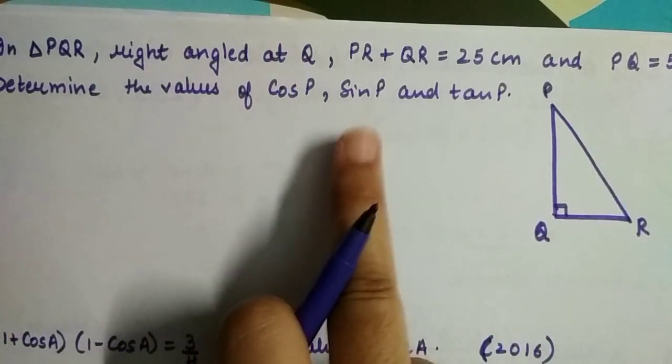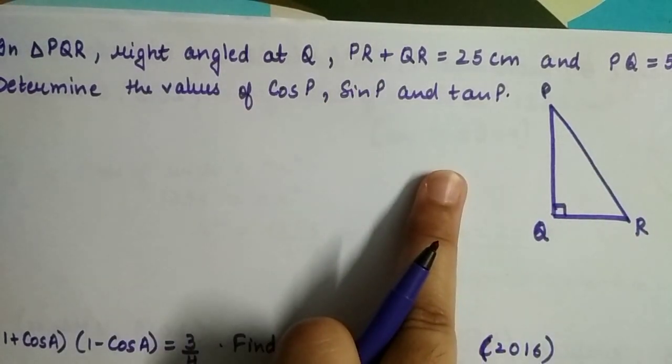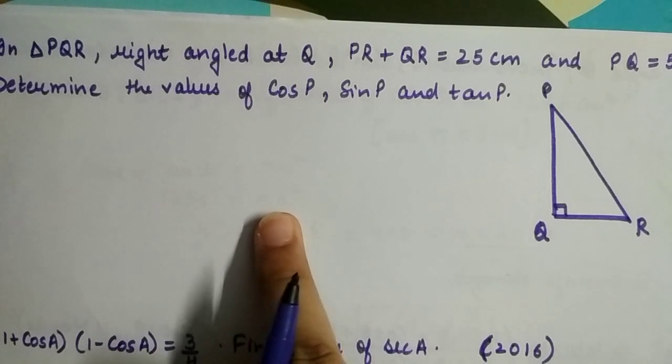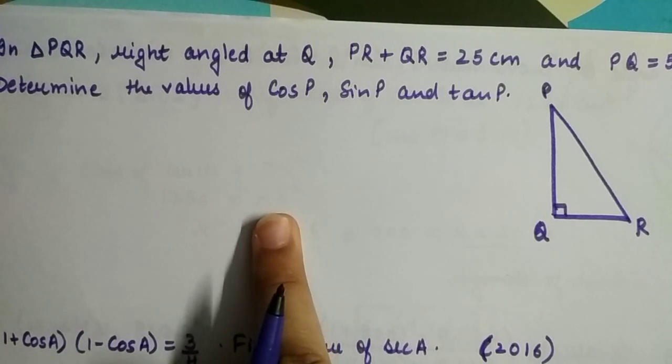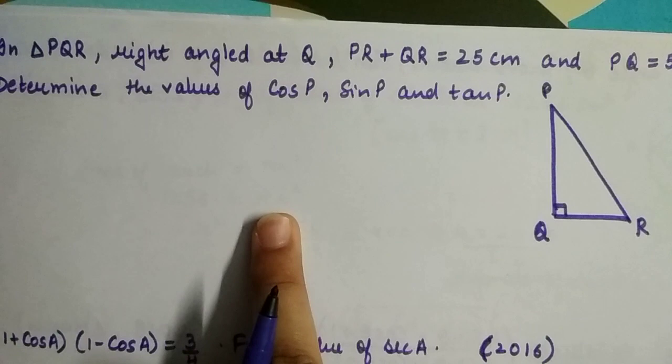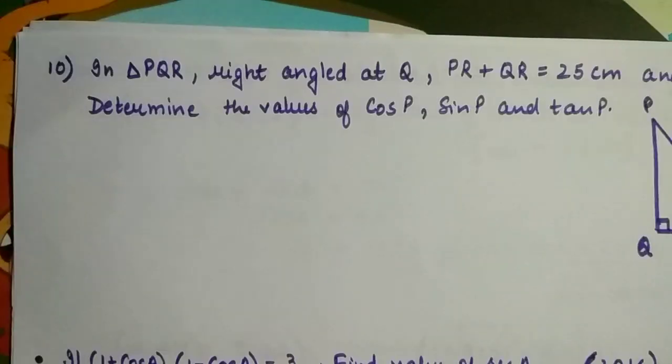Rest it is given that PR plus QR is 25. It is not given individually the length of PR and QR. So first of all we need to find the lengths of each side of the triangle, and then we can easily find out cos P, sin P and tan P. So let us see how to do that.